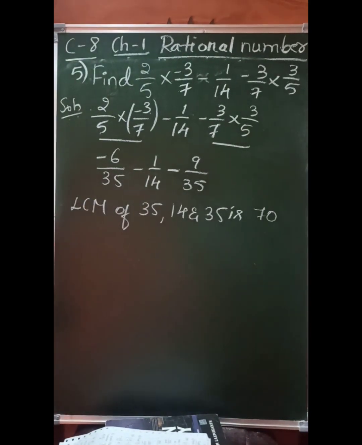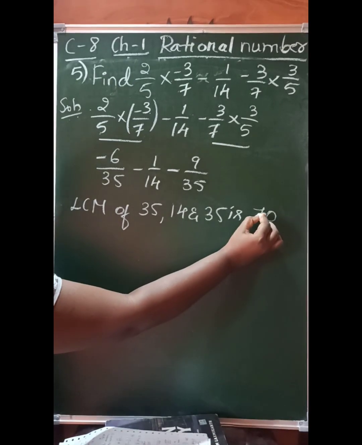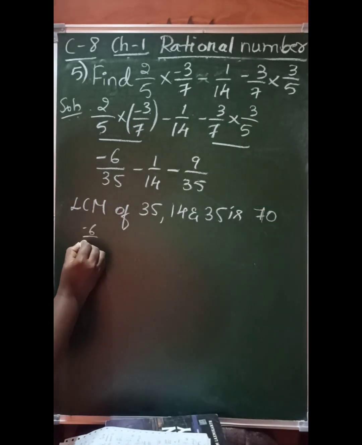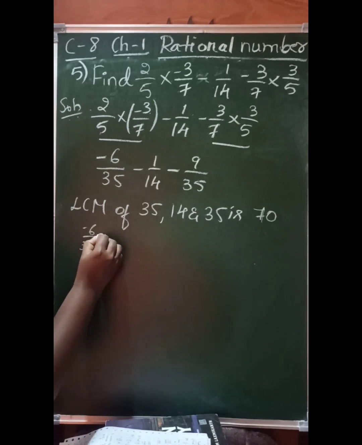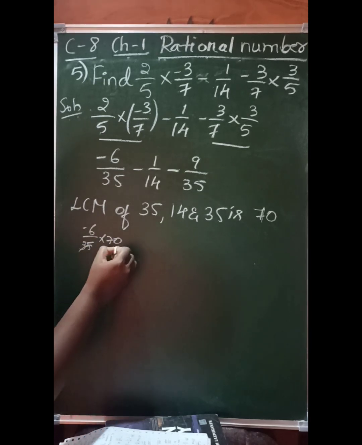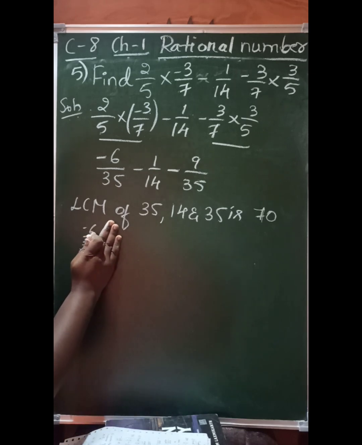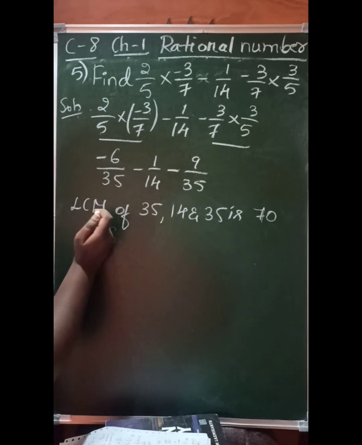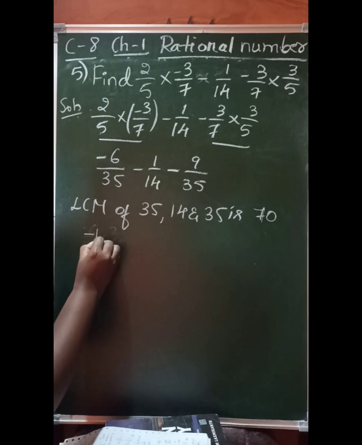Now as I told you how to consider the given number, that is minus 6 by 35 into 70 means 35 ones are 35, twos are 6 into 2 12, right? So in that way you have to consider. In the previous problem I have told you this one. So 6 twos are 12 divided by 35.